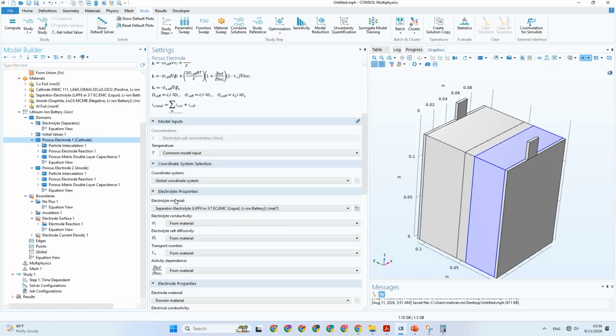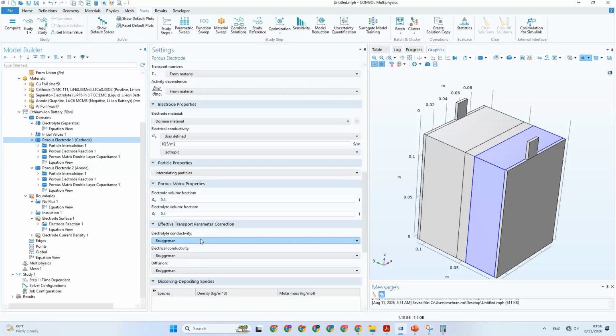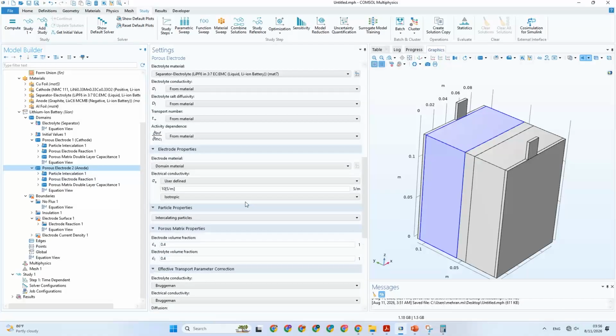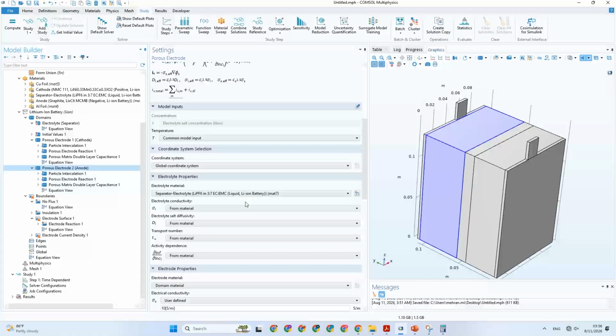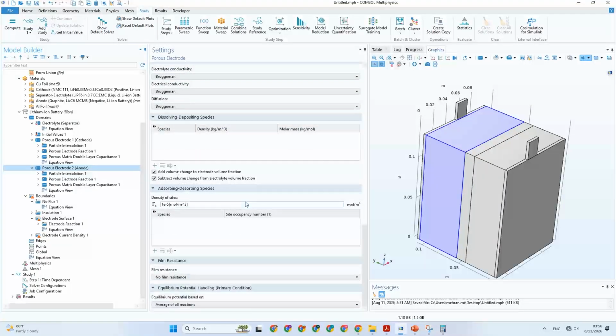Choose electrolyte properties. Sigma S is 10. Isotropy. But for anode, isotropy, it is the same, but I don't know for anode why we have different.